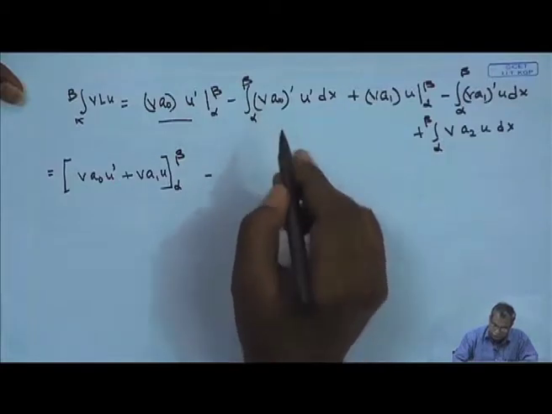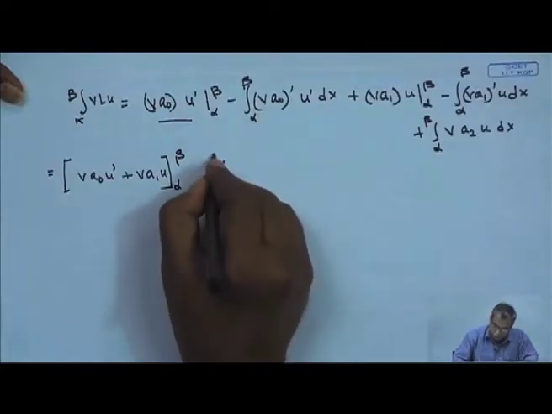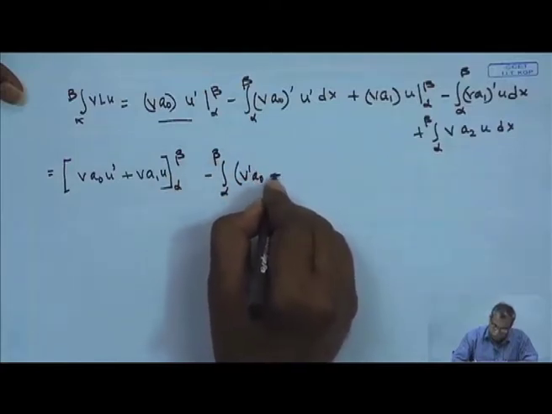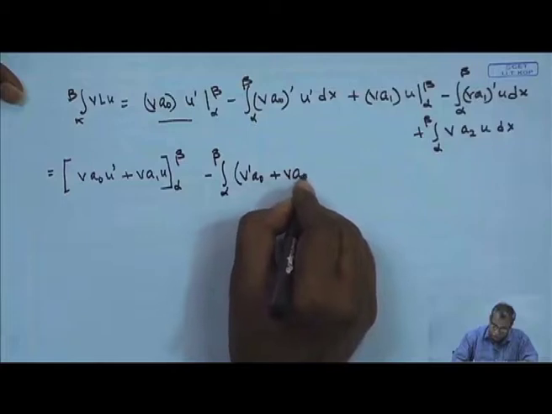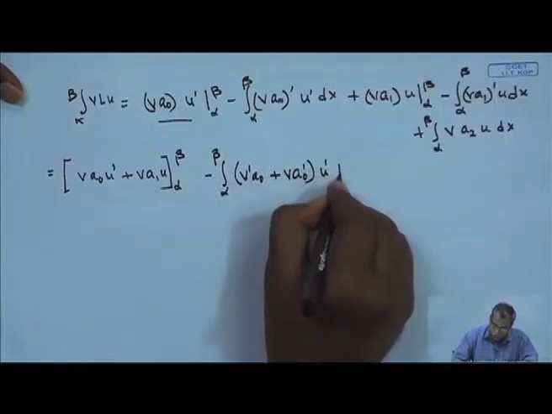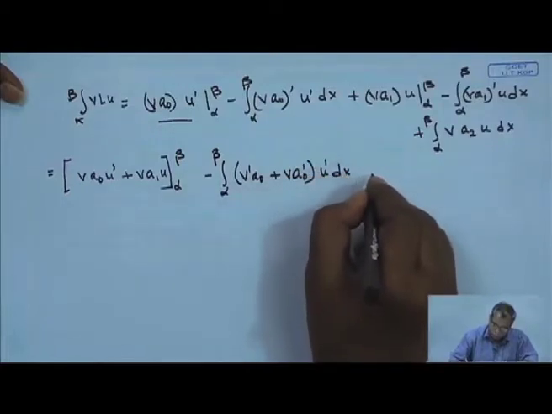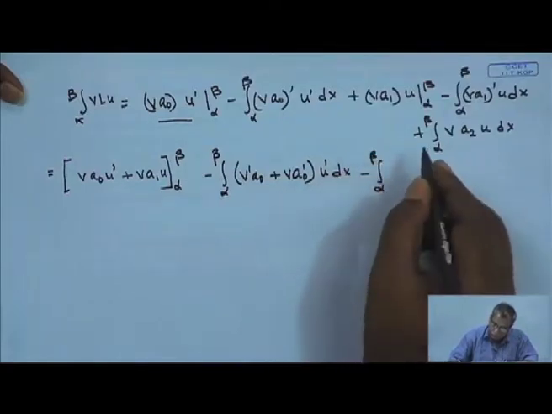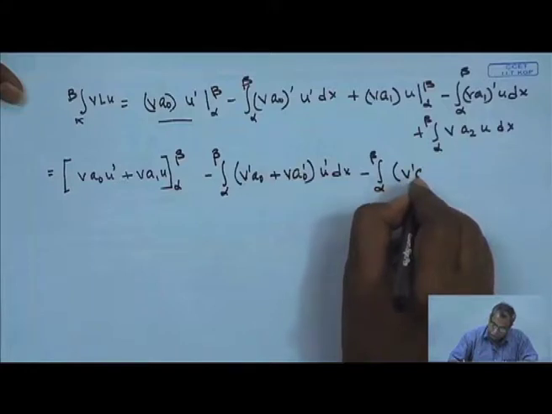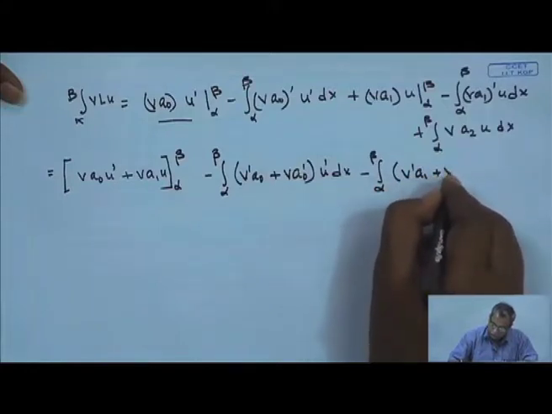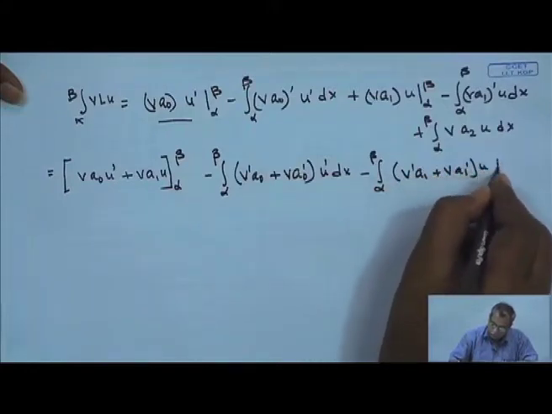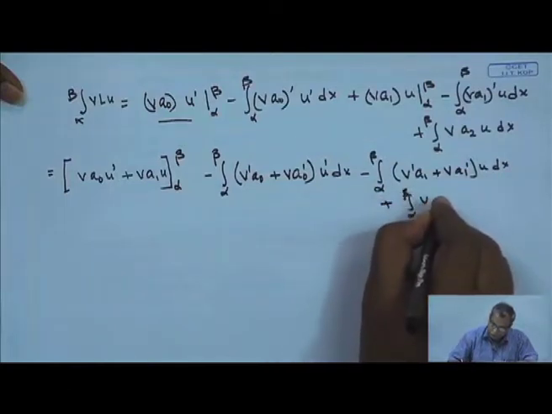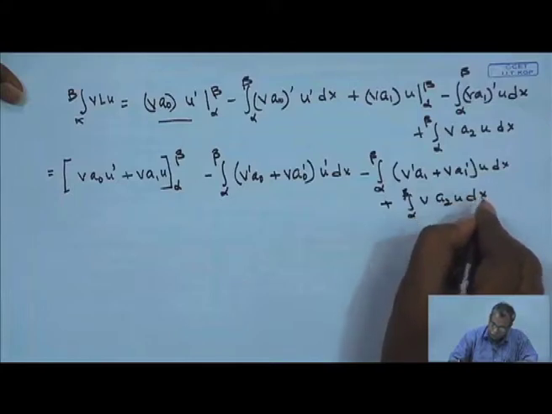Before that, let us consolidate this one. So this will be the integral of (v prime a0 plus v a0 prime) u prime dx, minus the integral from alpha to beta of (v prime a1 plus v a1 prime) u dx, plus the integral of v a2 u dx.